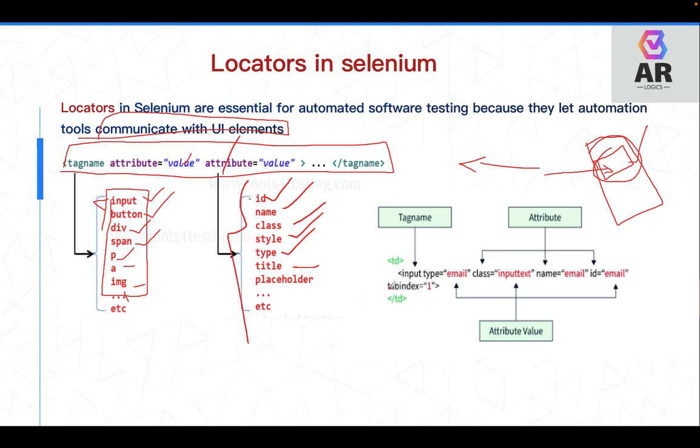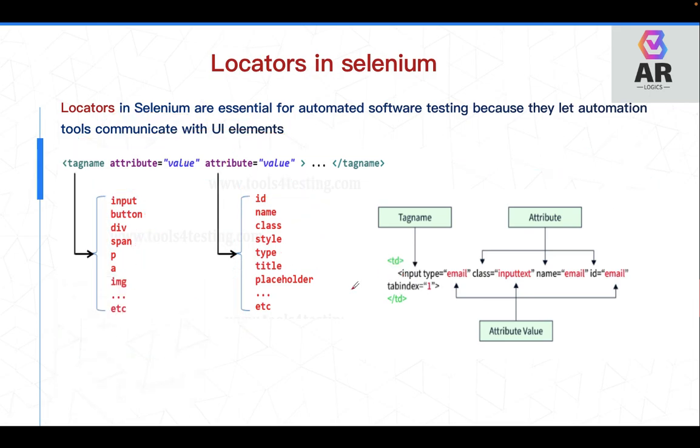See here, for example, input is a tag name. It starts with input, then type email, class input. Name, class name, ID are attributes, and their contents are the attribute values.